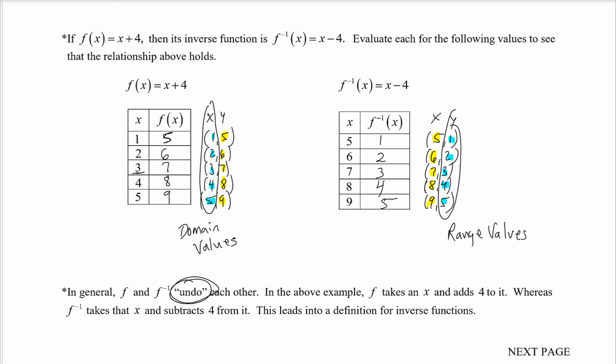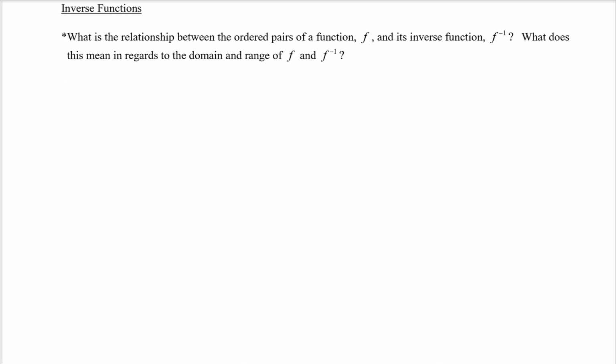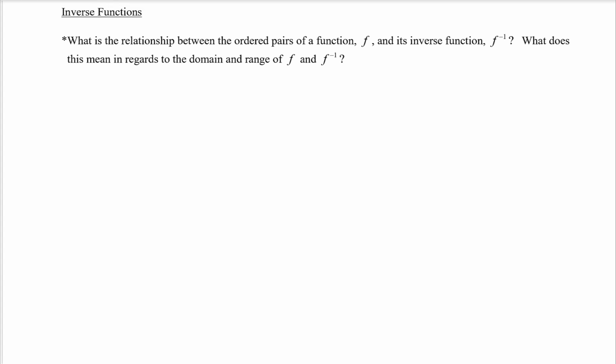So when you compare the ordered pairs of a function and its inverse, you see that domain values become range values and range values become domain values because x's and y's change place. So back to this original question, what's the relationship between ordered pairs of a function f and its inverse?